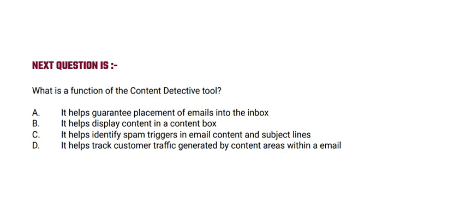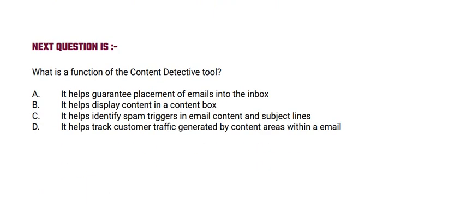Next question is: What is a function of the Content Detective tool? Options are option A, it helps guarantee placement of emails into the inbox. Option B, it helps display content in a context box.